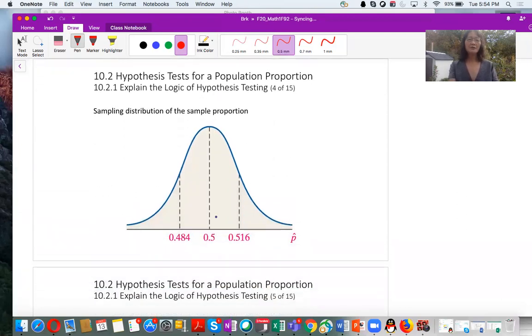This is a graphical representation of the sampling distribution of the sample proportion. We know the population proportion is 0.5.